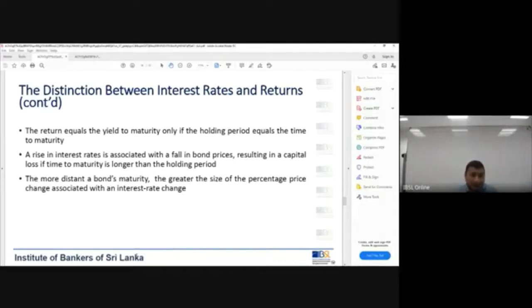As you simply see from our earlier discussion, return equals the YTM, yield to maturity, only if the holding period equals the time to maturity. That means you already know you do not offload this bond prior to its maturity.